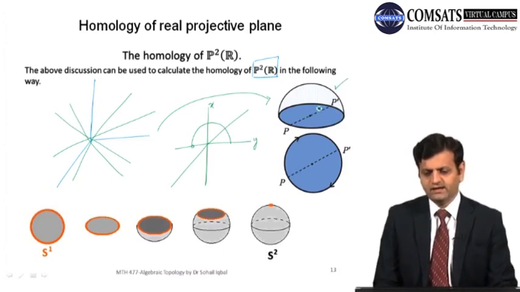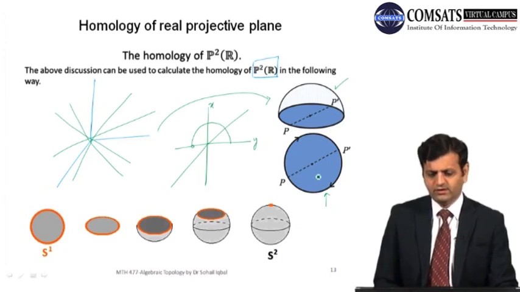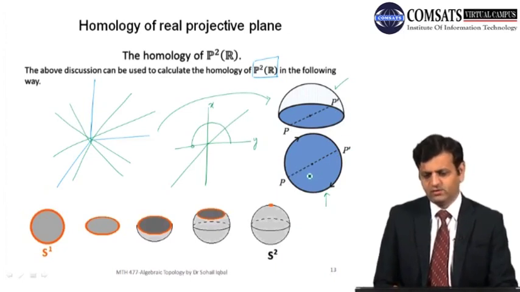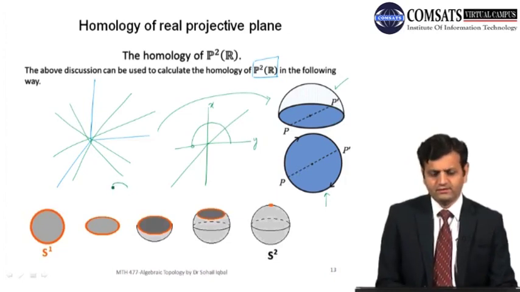Now the point is, I can easily define a homeomorphism from this hemisphere to this disk D2. So what is this object? I can take this object as follows: I'm attaching D2 with S1. I have this circle, and I can define a map to another circle.